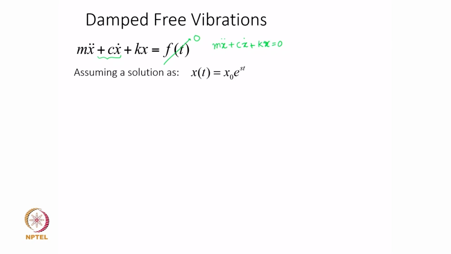Again, we assume the solution to this governing equation as x naught e to the power s t. Do not confuse this x naught with the initial condition; x naught is any arbitrary constant. Now, if you substitute back into this equation, if you recollect, x dot was x naught s e to the power s t, and x double dot would obviously be s square x naught e to the power s t.